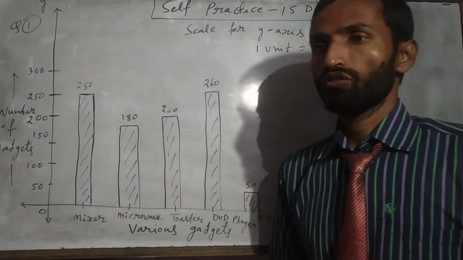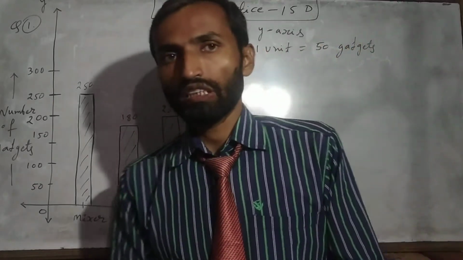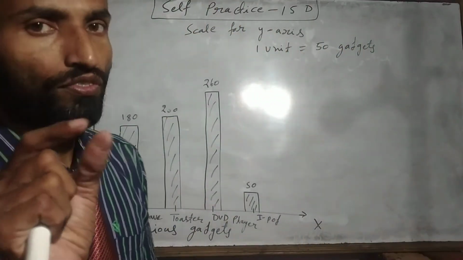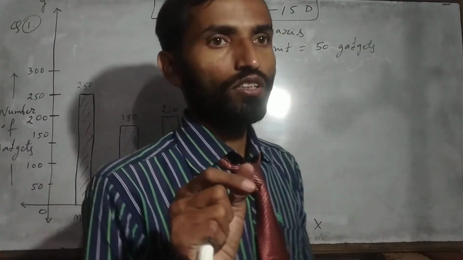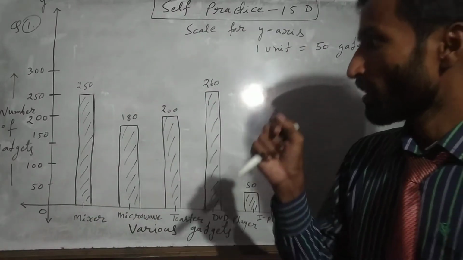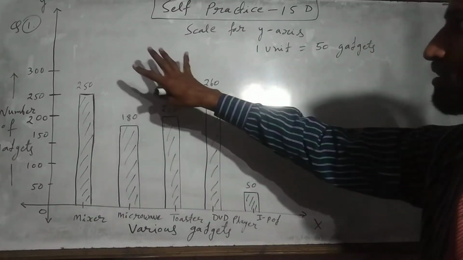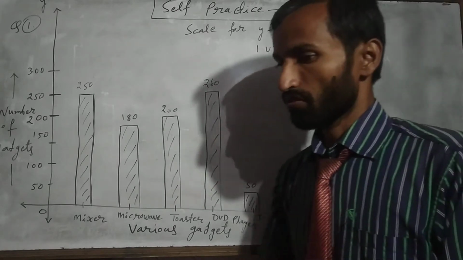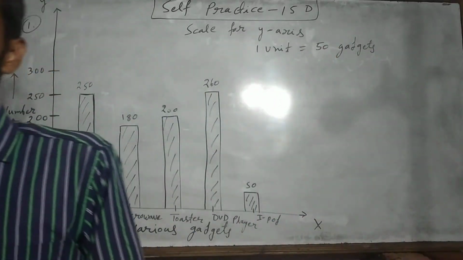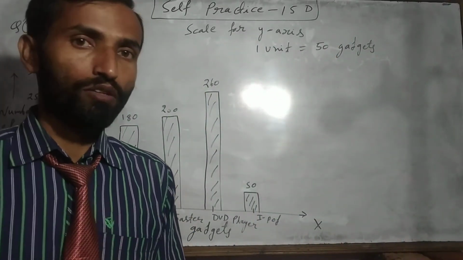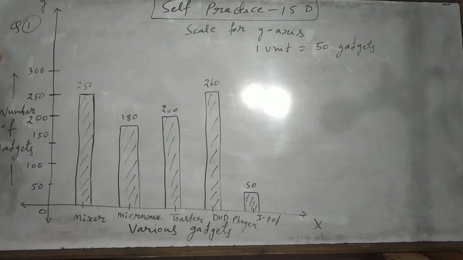Take a graph sheet from the stationery shop and draw all these graphs on the graph sheet only. In the exam also you have to draw on graph paper only. Then it will be clear that it is a graph.